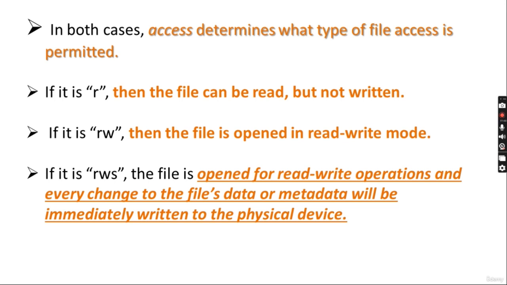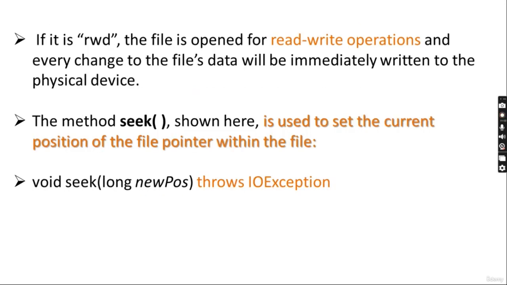If it is "rws", the file is open for read-write, and every change to the file's data or metadata will be immediately written to the physical device. Okay, so these are three modes. You can write them down, or you can take a screenshot. If it is "rwd", then the file is open for read-write operation, and every change to the file's data will be immediately written to the physical device.